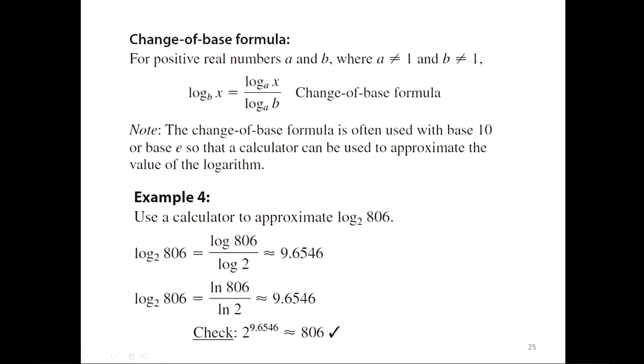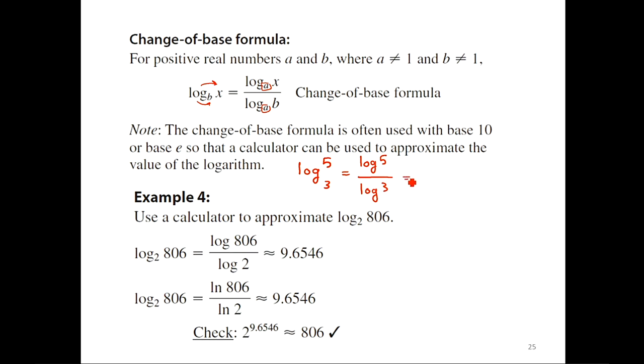Now, if we need to change the base, we can put log x and log b with a new base. So, for example, logarithm 5 to base 3. We can put this as log 5 to base 10 over log 3 to base 10.